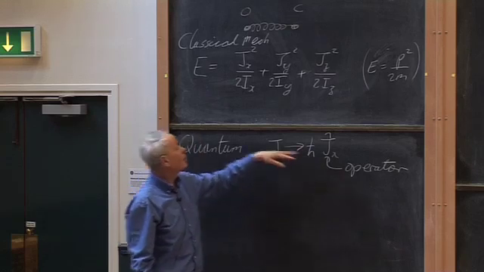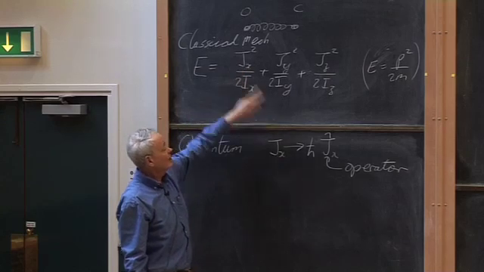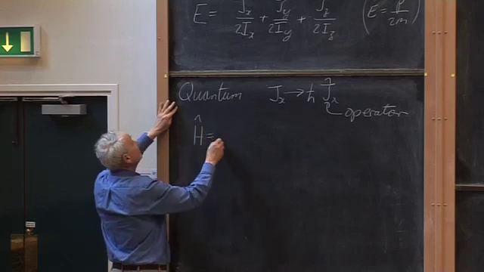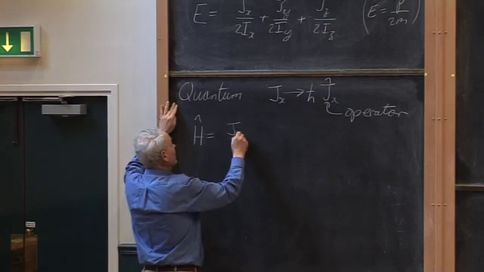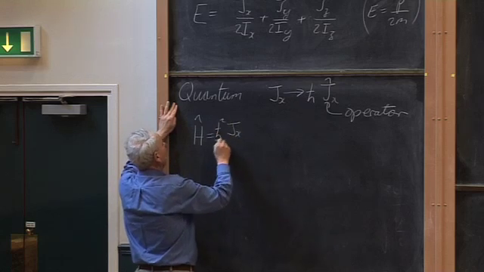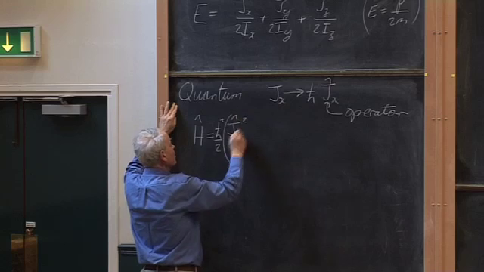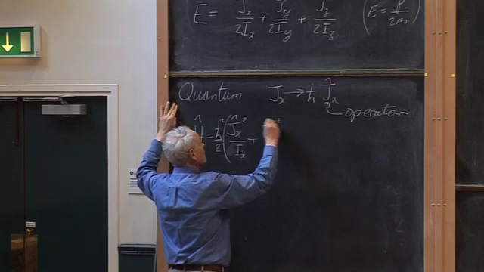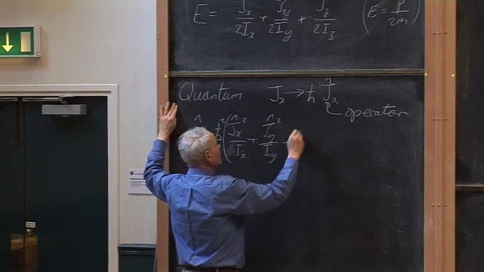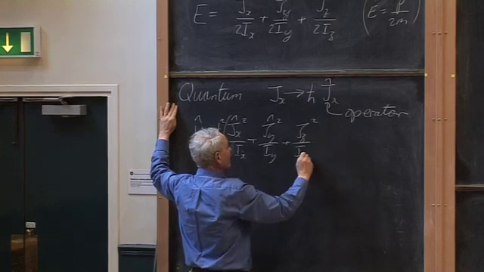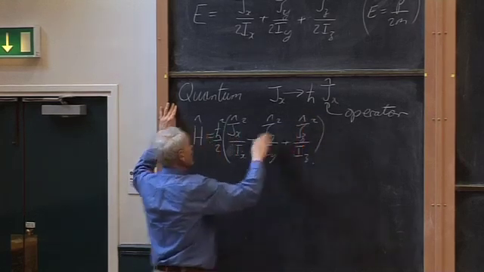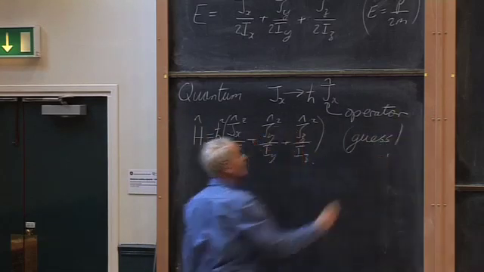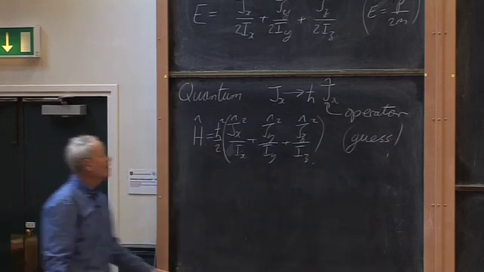So we take this classical expression and turn it into h bar times the quantum mechanical operator, etc. And then we infer that the Hamiltonian should be, well, we guess, h bar squared over 2 times Jx, the operator, squared over Ix, plus Jy squared over Iy, plus Jz squared over Iz. So these are operators now. You should think of this as a guess. It'll be confirmed by experiments to be shown soon.